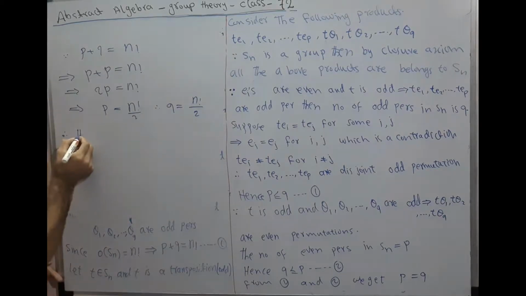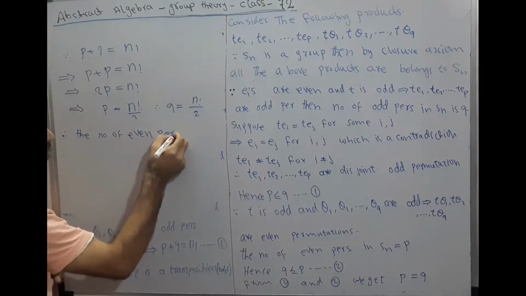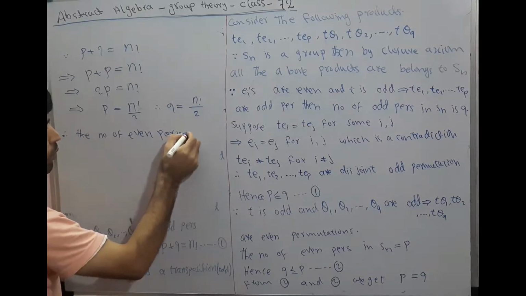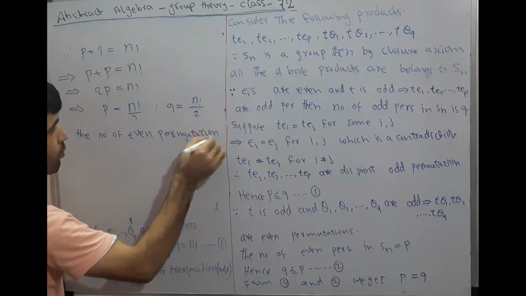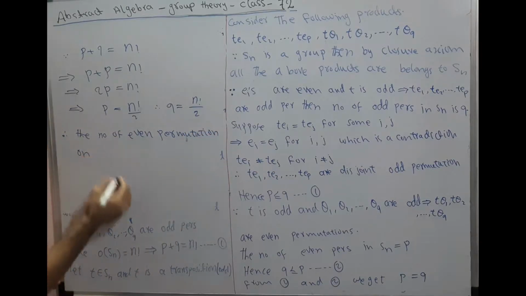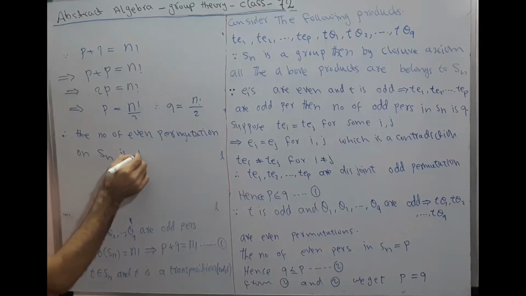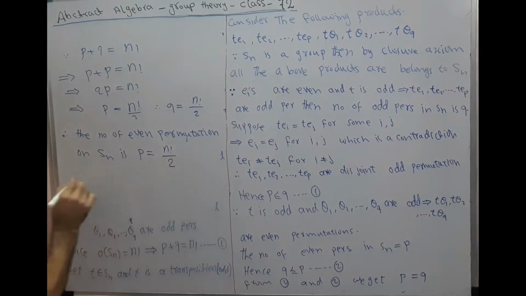Therefore, the number of even permutations in Sn is P equal to n factorial by 2.